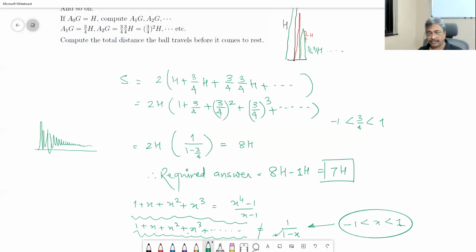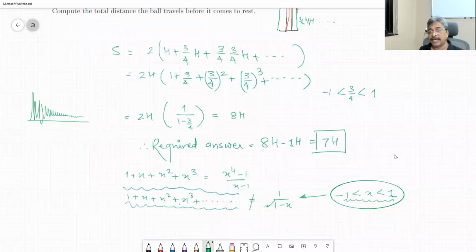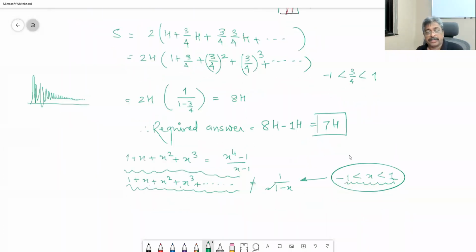It is true only for -1 to 1. Again, the explanation of this we will learn when we learn calculus, and it is available there in detail. Okay, so that is the summation of terms in geometric progression.